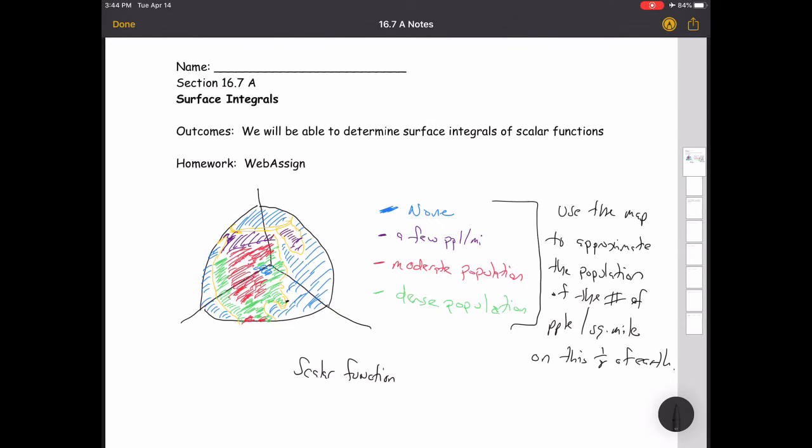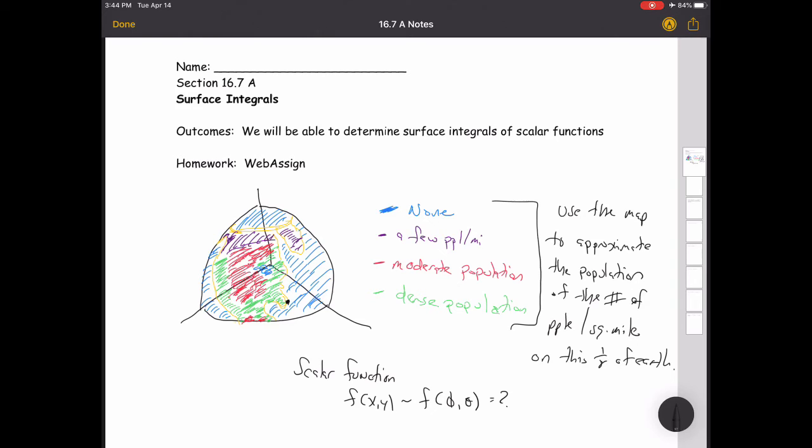Probably not the best example, but maybe that's where we're going to try and find this scalar function. It'll be given to us as some kind of function of x and y, or, since it's spherical, a function in phi and theta. And whatever that's going to give us.